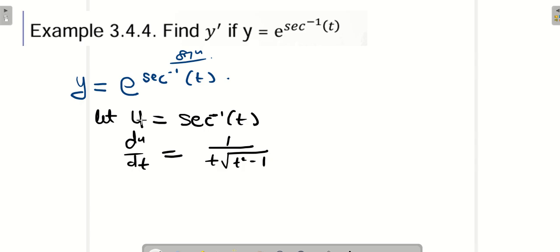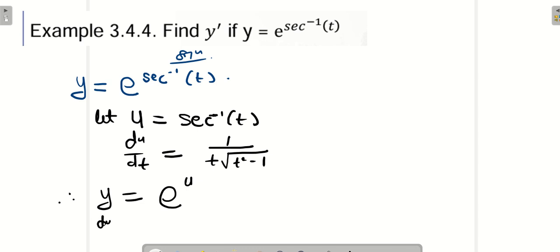Now let's substitute u into the original function. Therefore, we will have y to be equal to e exponent sec inverse of t, and we know that sec inverse of t is u, so we have e to the power u.